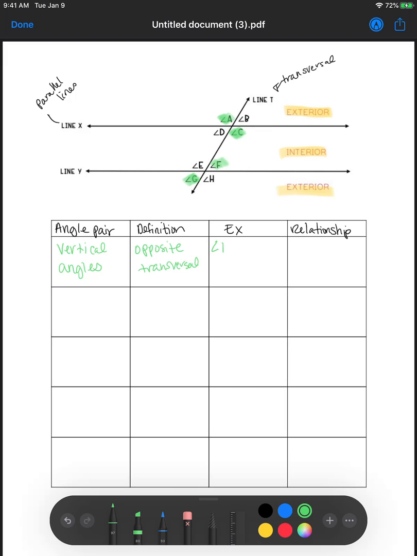So we have angle A and angle C, angle F and angle G. I use the equal sign because these are congruent. They're equal to one another.